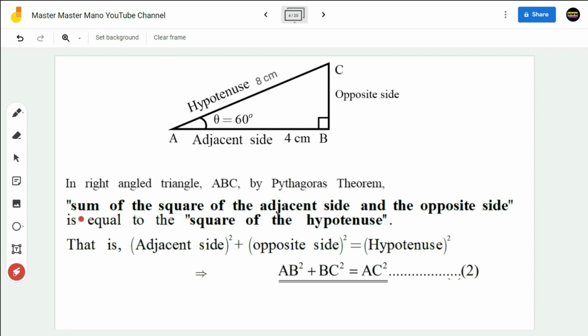Pythagoras theorem states that the sum of the square of the adjacent side and the opposite side is equal to the square of the hypotenuse. That is, adjacent side square plus opposite side square equal to hypotenuse square. This can be written as AB square plus BC square equal to AC square, and it is named as equation 2.